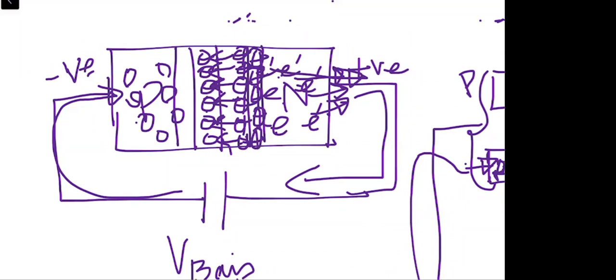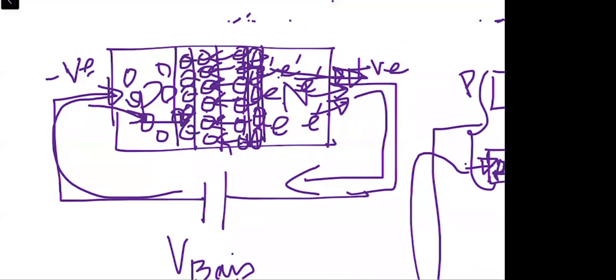And when more ions are created, the size of the depletion region is going to increase on the N side, as well as when these electrons come and join over here, the net negative on the P side is also going to increase. So negative ions will be created on this side as well, right?